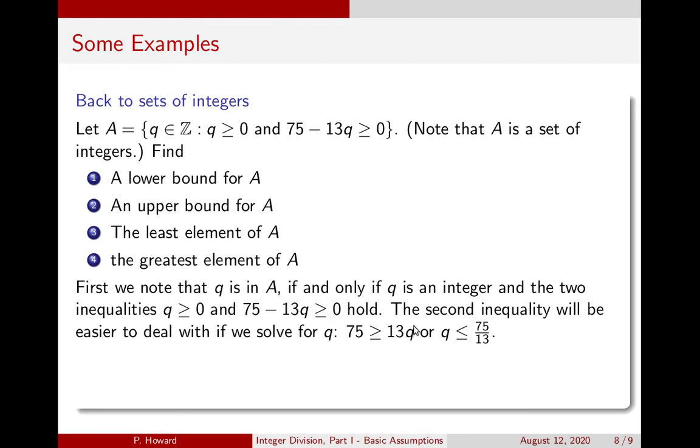So now we can rewrite the conditions for being in capital A. Right? q has to be an integer. q has to be greater than or equal to 0. And we have a simpler form of this second inequality. So q is in A if and only if q is an integer, and 0 is less than or equal to q is less than or equal to 75/13.